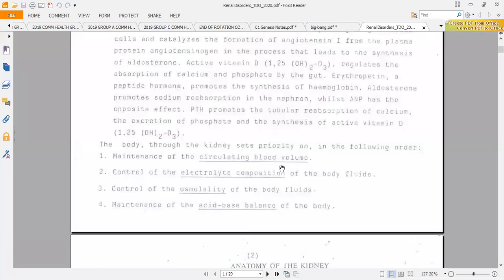That's the most important priority of the kidney, and it does this by reabsorbing water at the renal tubules. Then the second one is maintenance of electrolyte composition. Then the third one is osmolality, and the fourth one is acid-base balance. This is the priority, so it's orderly. Kindly note that.